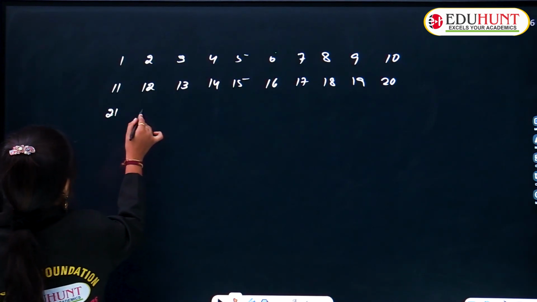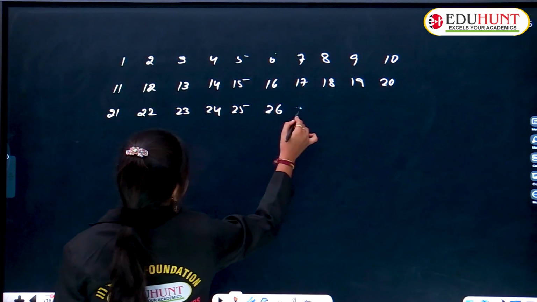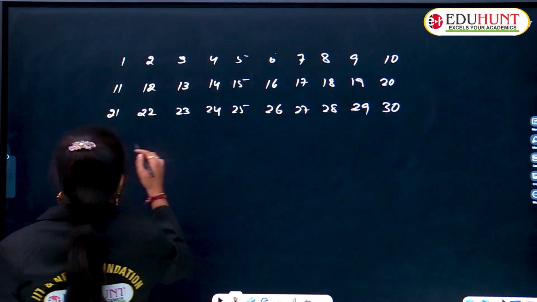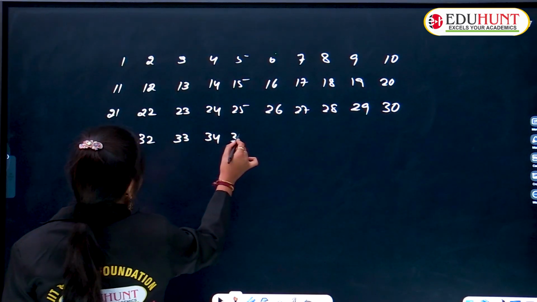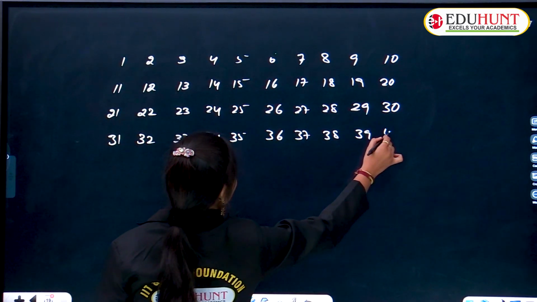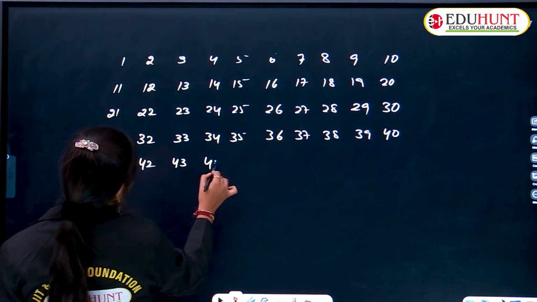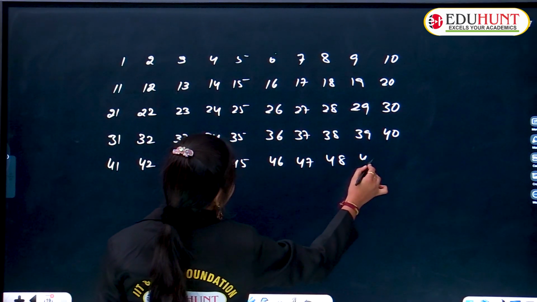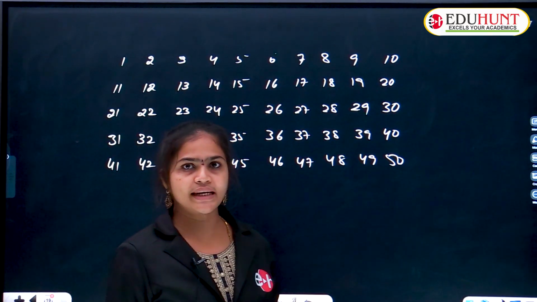Twenty, 21, 22, 23, 24, 25, 26, 27, 28, 29, 30, 31, 32, 33, 34, 35, 36, 37, 38, 39, 40, 41, 42, 43, 44, 45, 46, 47, 48, 49, 50. Up to 100 also we can take, but up to 50 I will tell you. You can understand that.